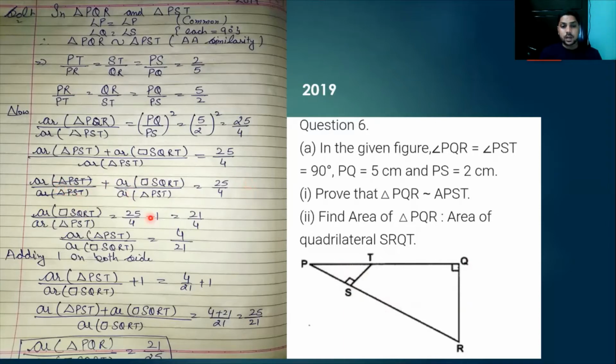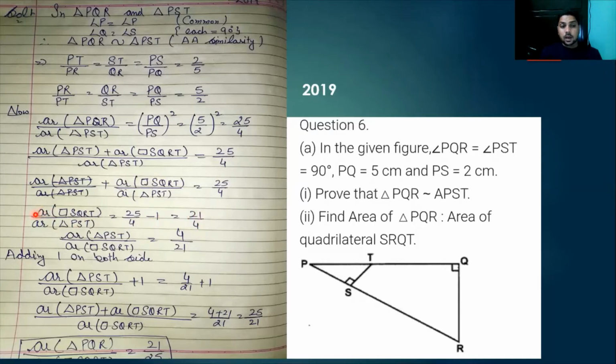Taking 1 to the other side, the area of quadrilateral SQRT upon area of triangle PST is equal to 25 upon 4 minus 1, which is equal to 21 upon 4, taking the LCM.